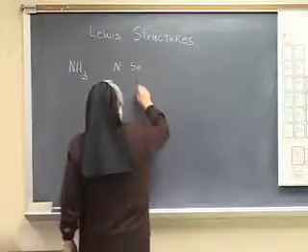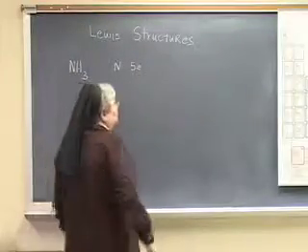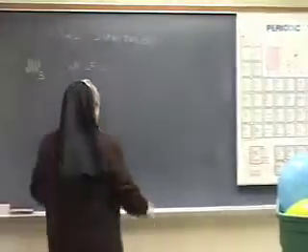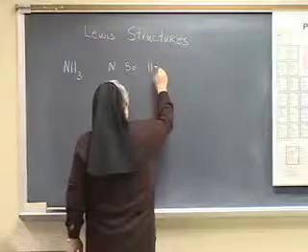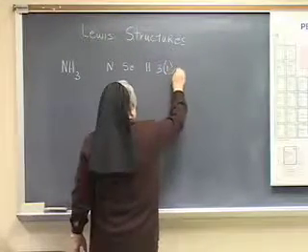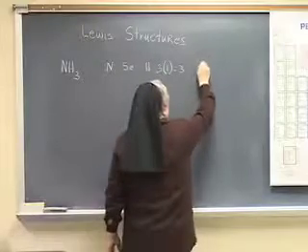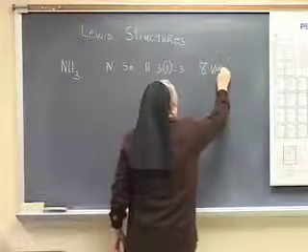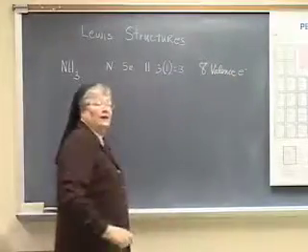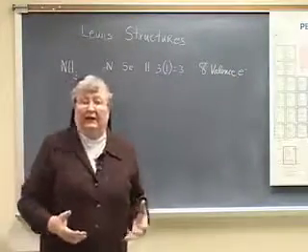And then each hydrogen is in group 1A, so each brings 1 valence electron. So from hydrogen, you have 3 of those. 3 times 1 electron equals 3. So 5 plus 3 means we have 8 valence electrons. So that's the first step, to get the total valence electrons.